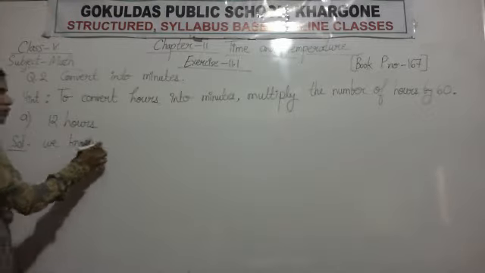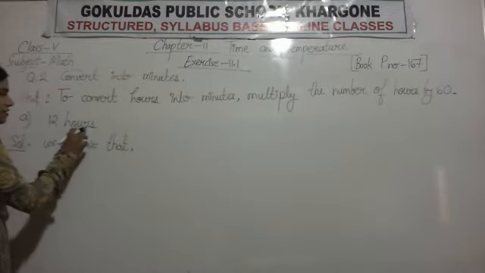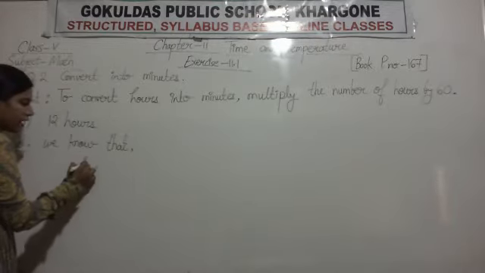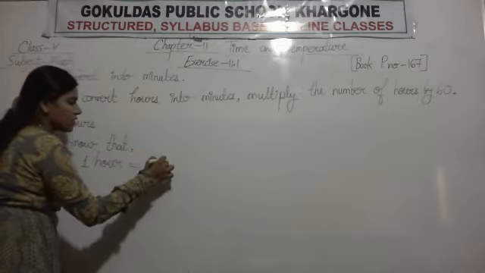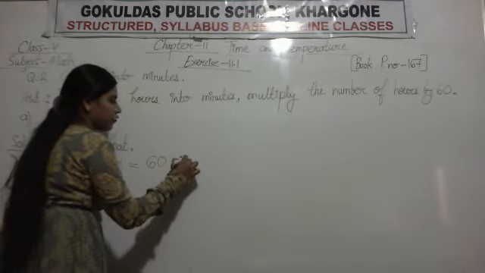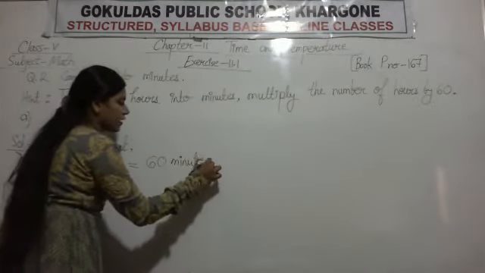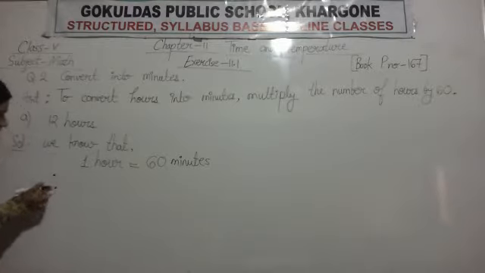So, we will write, we know that 1 hour is equals to 60 minutes. Therefore, the symbol, this 3 dot symbol, is known as therefore.